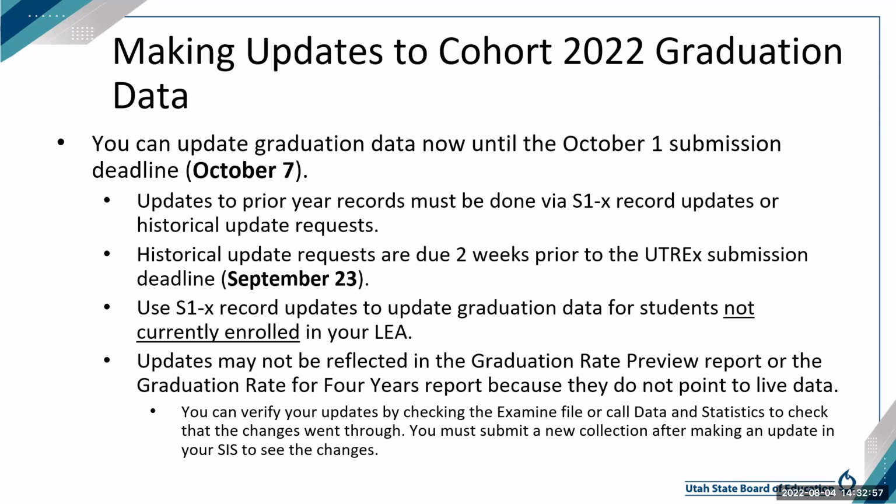Use the S1X record updates to update graduation data for students who are not currently enrolled in your LEA. These updates may not be reflected in the graduation preview report or the 4-year report on the data gateway because they don't currently point to live data. But if you have questions about updates that have been made, you can reach out to Callista or myself and we can check to make sure that they've been submitted. Next slide.